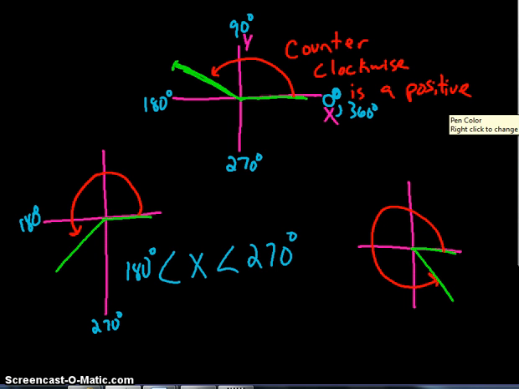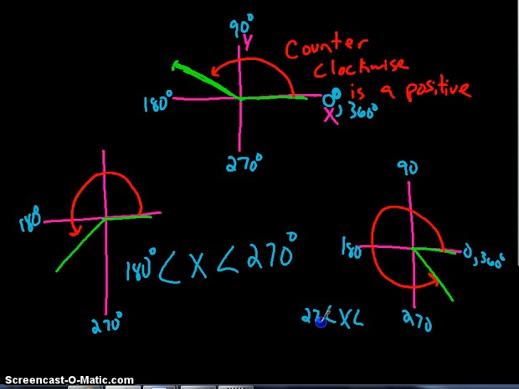It's bigger than 90, bigger than 180, bigger than 270, so it's somewhere between 270 and 360. Again, that's a positive angle, because we started here and went counterclockwise the entire time. That's how you represent a positive angle.